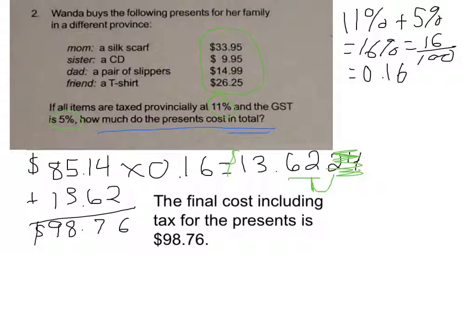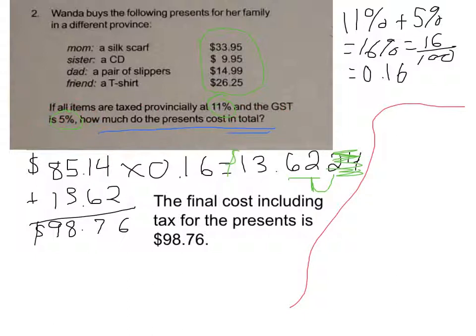Now, I'm just going to change pen colors for one sec here and make a little line over here. For those of you who really get it, when you look at a question like this, we say, we have 16% tax, how much do the total presents cost?